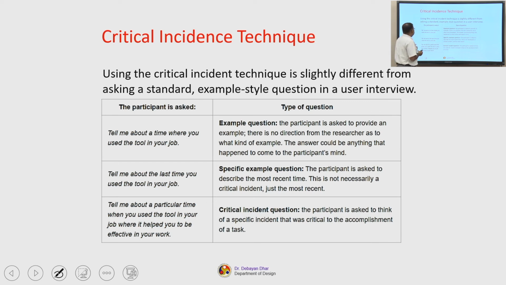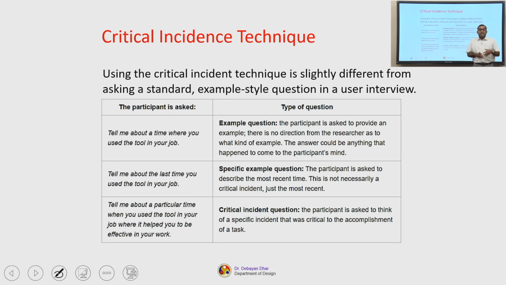The participant is asked, tell me about the last time you used the tool in your job. Right? Now, the participant here is asked to describe the most recent time. Now, this is not necessarily a critical incident, it is just the most recent one. Then the participant is asked, tell me about a particular time when you used the tool in your job where it helped you to be effective in your work.